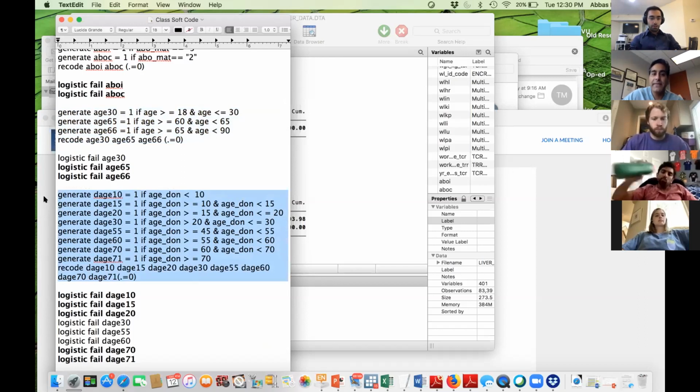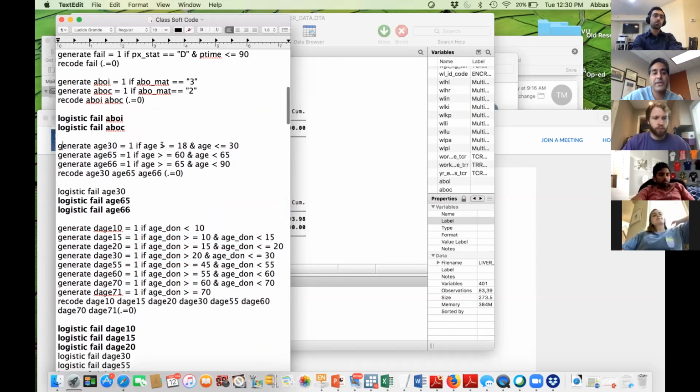The reason is that I know from clinical experience that donor age has a greater impact than recipient age. Also, I know that from analysis. So that's why the recipient age has fewer variables while the donor age has a lot of different fine granular bins. So we're going to start off with the recipient age.